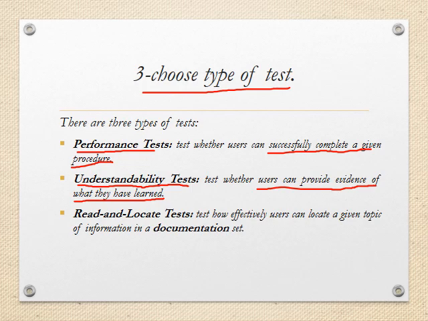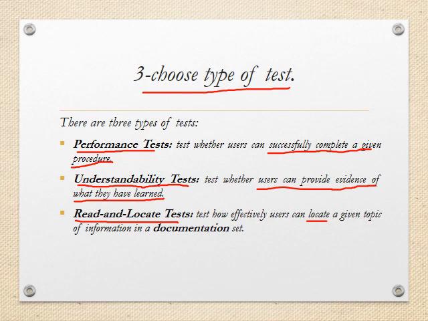We want to make sure our users understand these procedures and can apply them in their environment or not. Type number 3, read and locate tests. Tests how effectively users can locate a given topic of information in a documentation set. And we call it the can-they-find-it test.